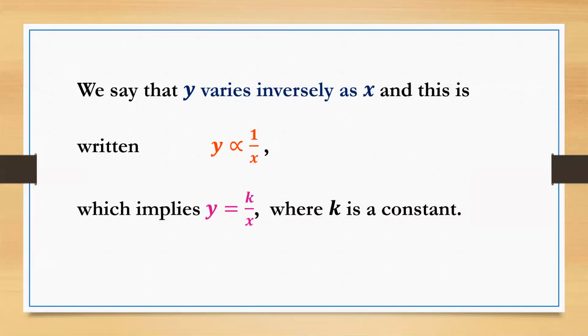You will remember that for direct variation, we had y varies as x, written as y equal to kx. Whereas for inverse variation, if y varies inversely as x, that is 1 over x, we write it as y equal to k over x.